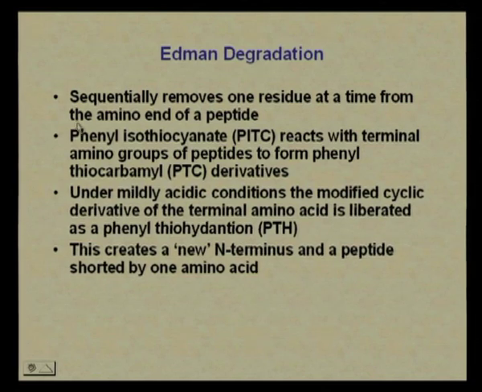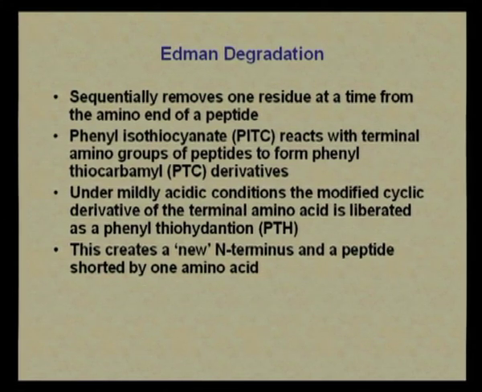What you need to know again is that in Edman degradation we are removing one residue at a time from the amino terminal of the protein. We have a certain what is called a thiohydantoin formed that has with it the amino acid that belonged to the N terminus. What then happens is if this is chopped off, it creates a new N terminus.